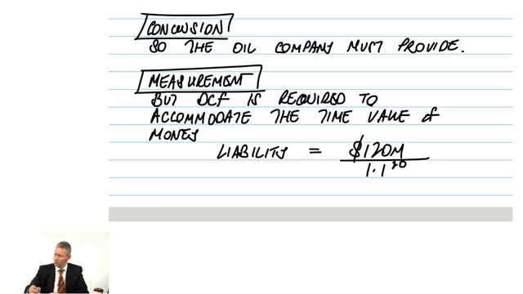The power of 20 is because of the 20 years, and the 1.1 is actually 1.10. It's because of the 10% in the story. And the answer to that is approximately 18 million. Bash it out on your calculator to make yourself content.